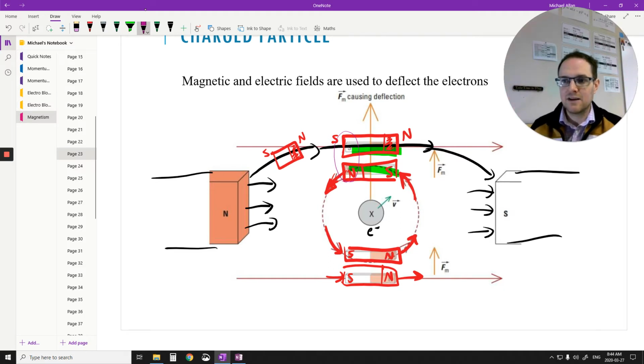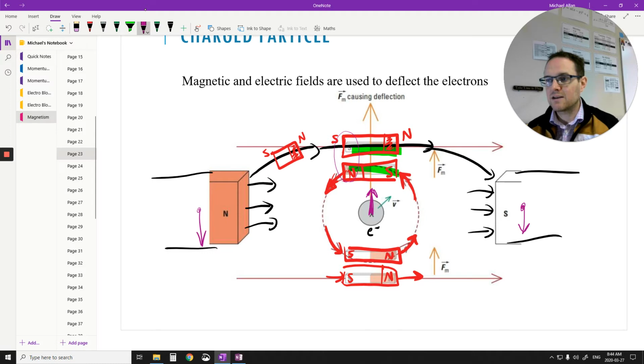But that magnetic field is produced by this charge, so this charge gets pulled upwards. This magnet on the top gets pulled downwards. But it's an imaginary magnet, it doesn't really exist, but it's produced by these two magnets on the outside. So these two magnets on the outside are going to get pulled downwards.